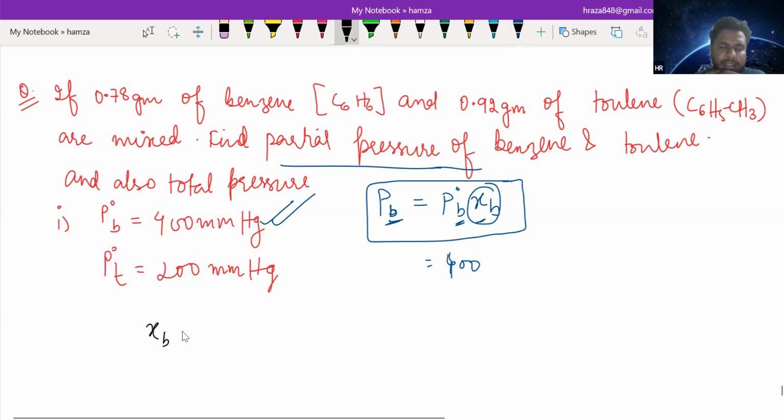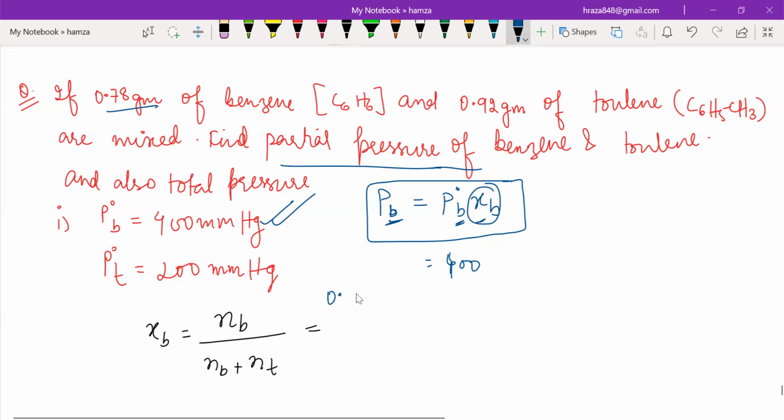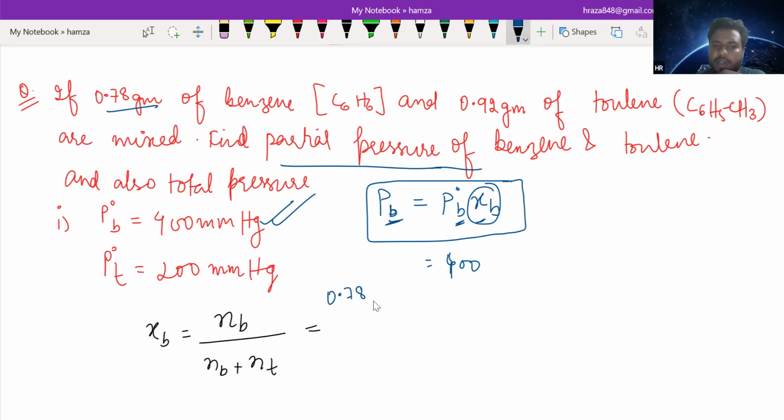Mole fraction of benzene will be equal to number of moles of benzene upon number of moles of benzene plus number of moles of toluene. Number of moles of benzene is given mass upon molar mass. The given mass is 0.78, and the molar mass of benzene is 78. Again, 0.78 upon 78 plus number of moles of toluene, which is given mass 0.92 upon molar mass of toluene, basically 92.